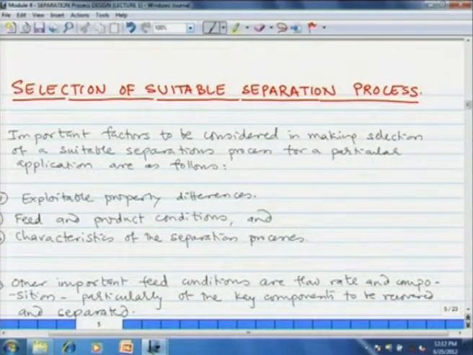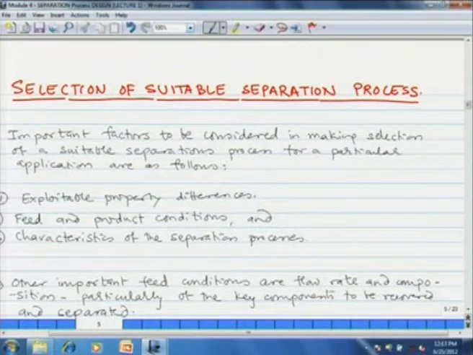What criteria we have to use for selection of the process to separate the same reactor effluent. The important factors to be considered in selecting a suitable separation process for a particular application are: first, the exploitable property difference, whether it is a physical or chemical property, then the feed and product condition, which I just mentioned, that is, what is the volume of the feed, what is the phase of the feed, and how many products are present in the reactor effluent.